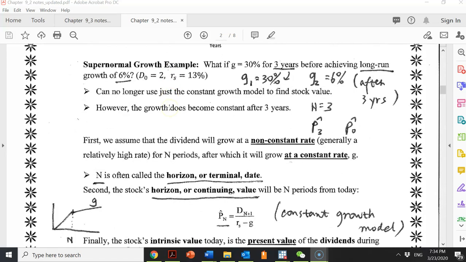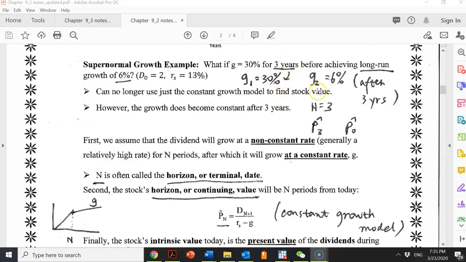Okay, well, let's look at an example here. What if we have a G equals to 30% for 3 years before achieving long run growth of 6%? So here is a typical example where we have a two-stage. First stage, G1 equals to 30% for 3 years.